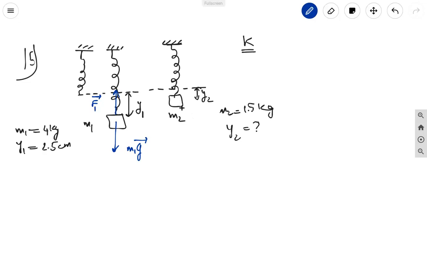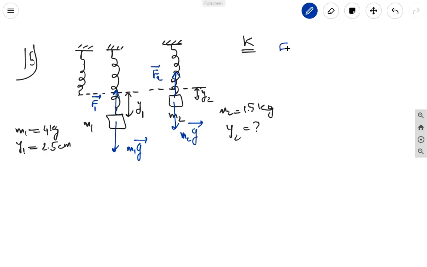In the same way, the block M2 is subject to two forces. We have M2 g, and we have the spring force exerted by the spring on the object M2, which I would call F2. Now, don't forget that both F1 and F2 are spring forces.